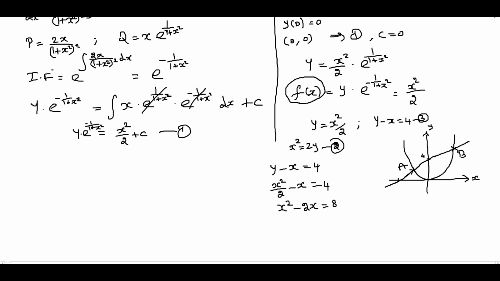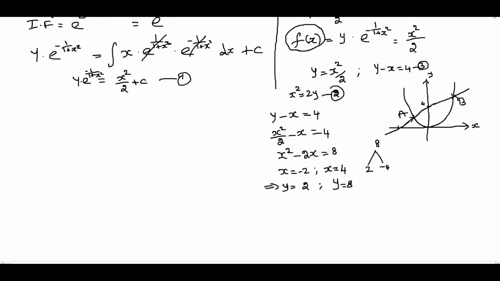If you factorize it, you get x equal to minus 2 and x equal to 4. These are the intersecting points, which implies y equal to 2 and y equal to 8, by substituting in y equal to x square by 2. So the intersecting points A and B are minus 2 comma 2, and 4 comma 8.